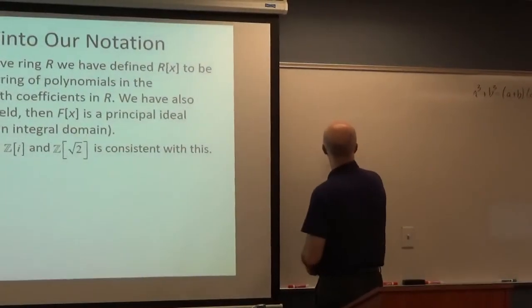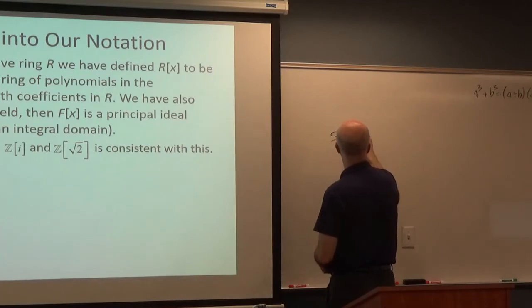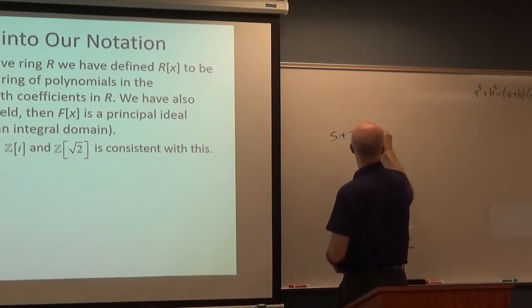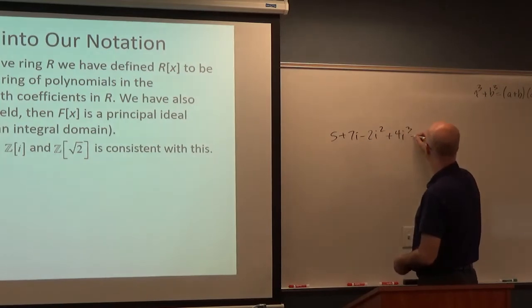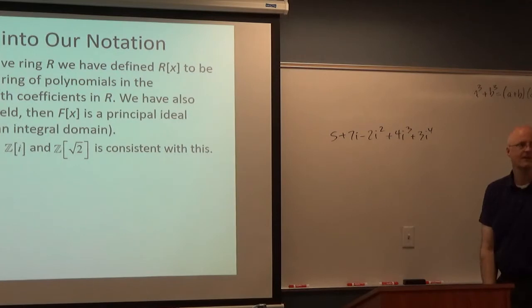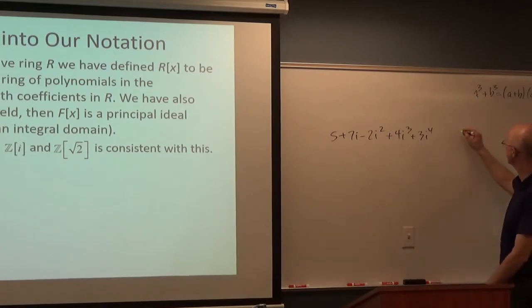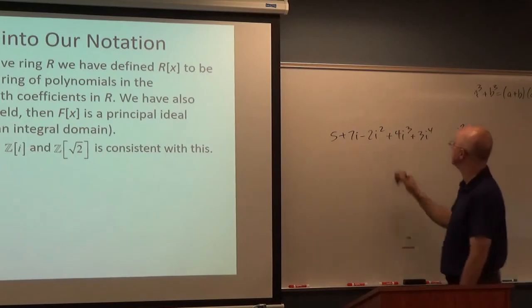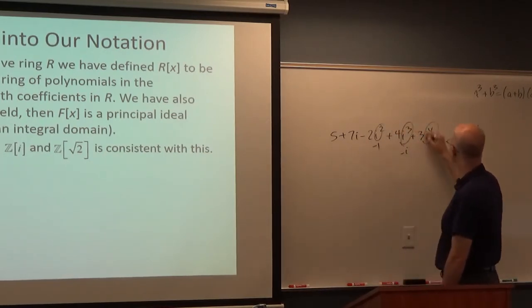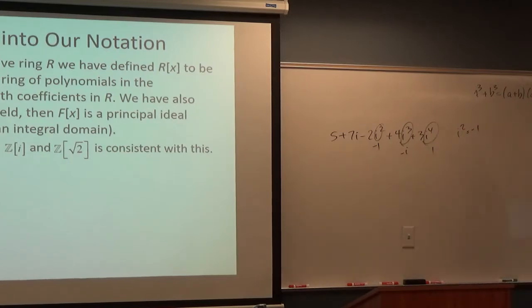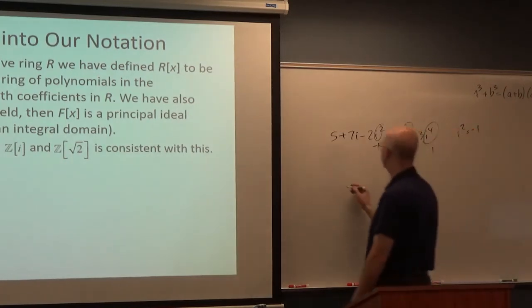You write a polynomial in i like 5 plus 7i minus 2i squared plus 4i cubed plus 3i to the fourth. You can simplify it using the fact that i squared is negative 1. This becomes a negative 1. This becomes a negative i. This becomes a positive 1. So it simplifies down to our simpler form.